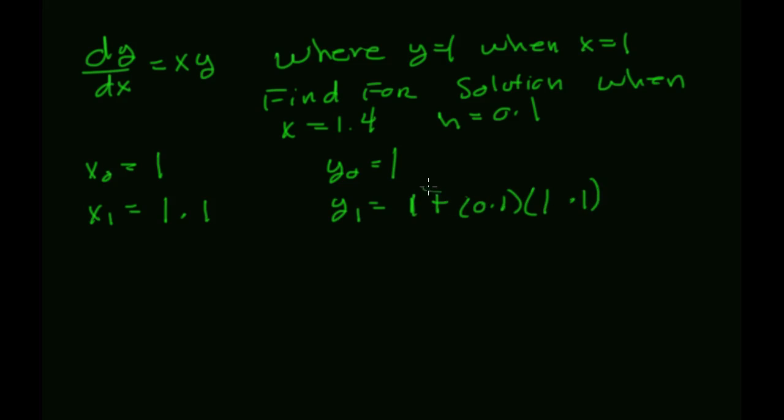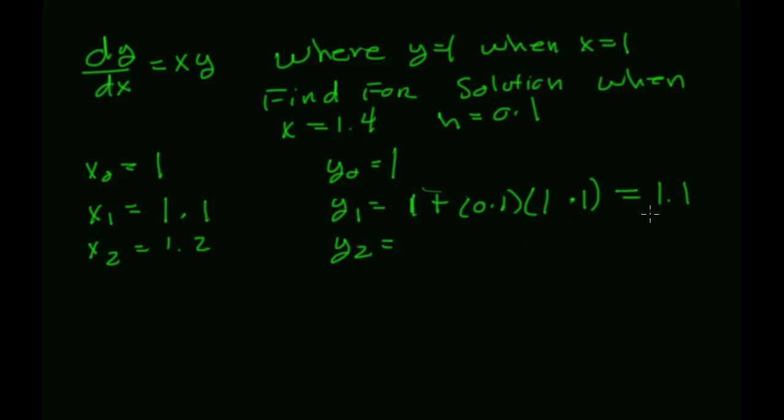So this reduces to 1 plus 0.1 times 1, so it's going to come out as 1.1. All right, we've gotten an estimate for the y value at x equals 1.1. So we're going to take another step. We're going to go to 1.2.